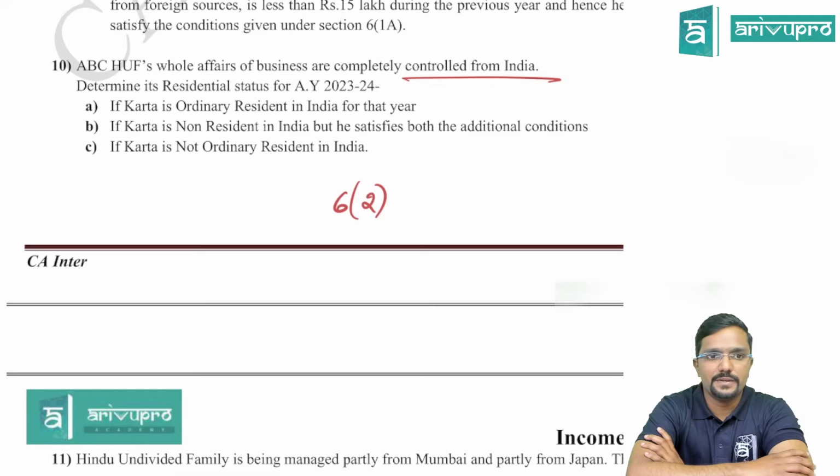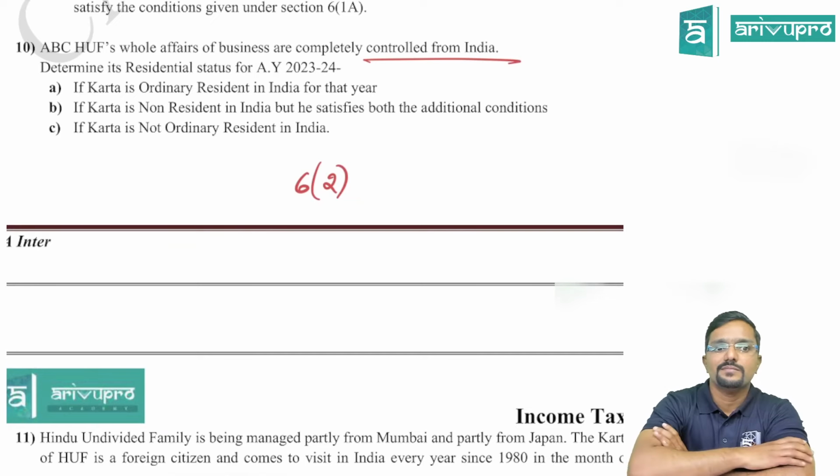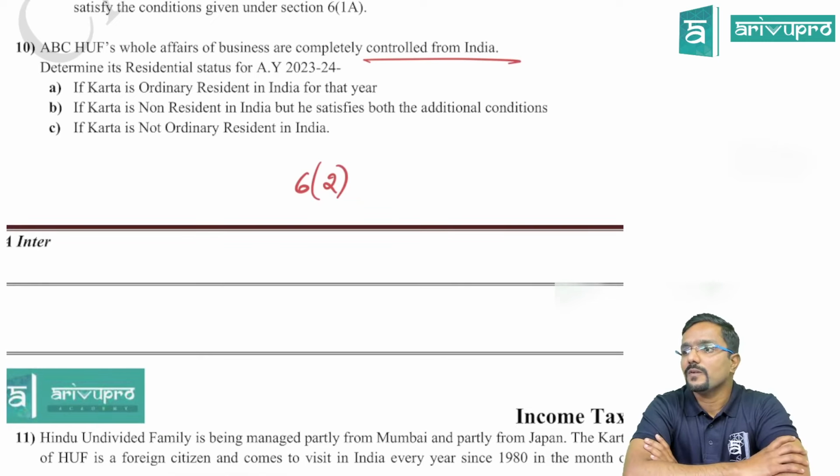Then next, B. If Karta is non-resident in India but he satisfies both the additional conditions, you take down like this.